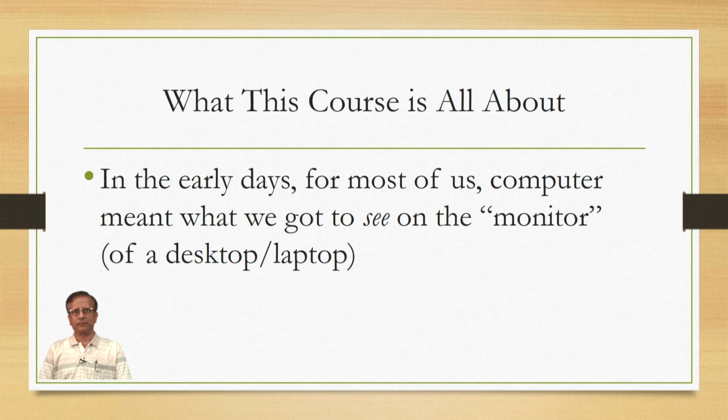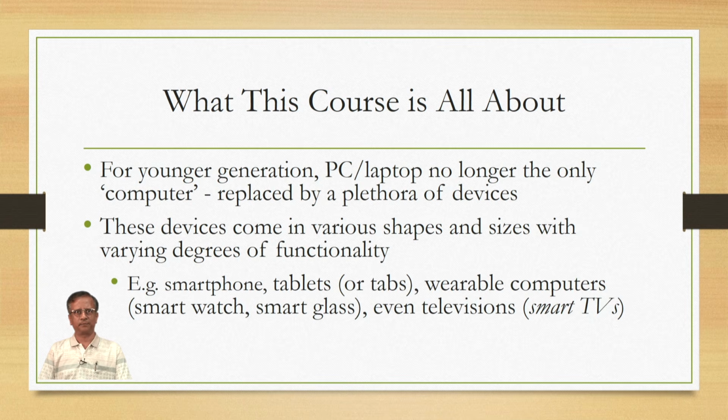In the early days, for most of us, computer meant what we got to see on the monitor of a desktop or a laptop. I am talking of scenarios about 20-30 years back. At that time, computer used to mean what we are seeing on the screen rather than what is inside the box.